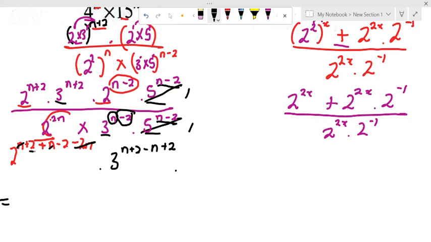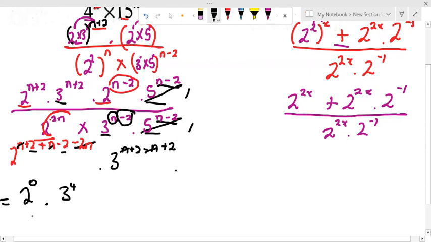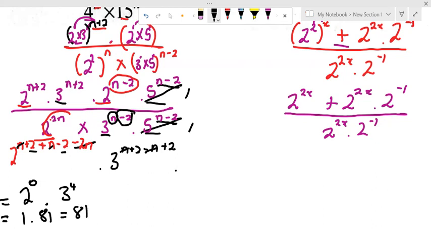So these are going to cancel each other. We have 2 minus a 2, which is going to give us 2 to the power of 0 multiplied by, you have a positive n and a negative n, and then this is going to be 3 to the power of 4. Now, any number to the power of 0, if we check our calculator, it's 1 multiplied by 81. Then this is going to be 81 as our answer.